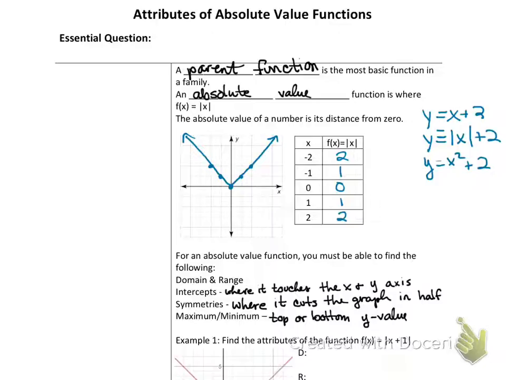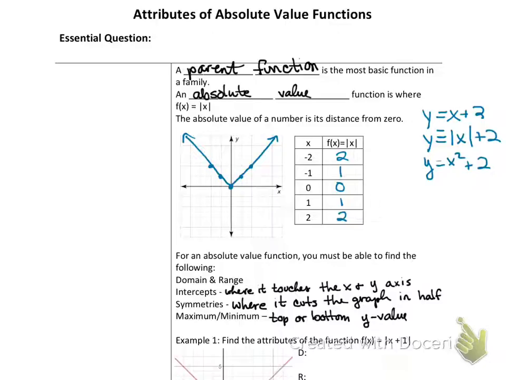Now maximum. When you think maximum, you should think big, because you're talking about max. So that's when we're talking about the highest point on a graph. And it only has a max if it stops. If it goes on forever and ever, that doesn't count as a max, because infinity is not a number, right? You can't pinpoint the number infinity.